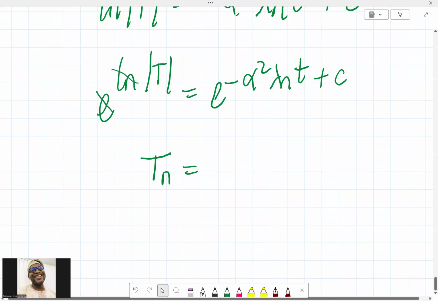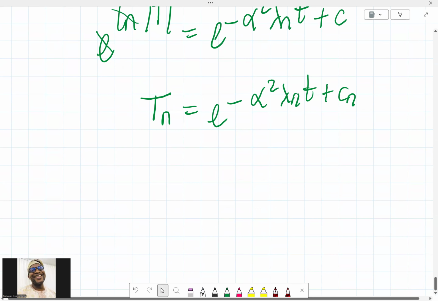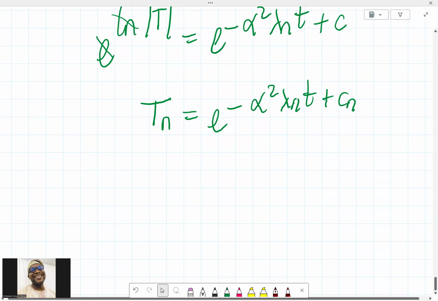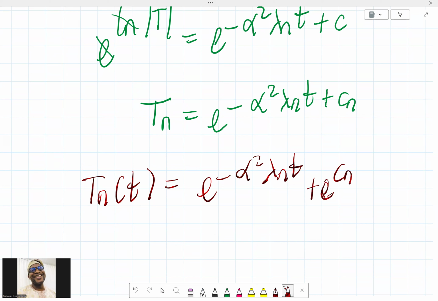But since we are bringing Tn here, it will be e raised to minus alpha squared lambda n t plus cn, because it goes with the n also. And in that situation, we have Tn of t equals e raised to minus alpha squared lambda n t plus e raised to cn.